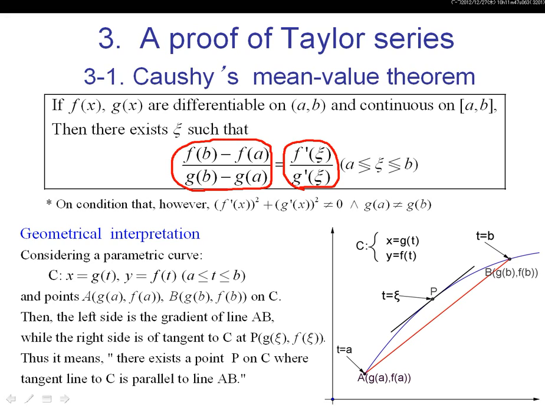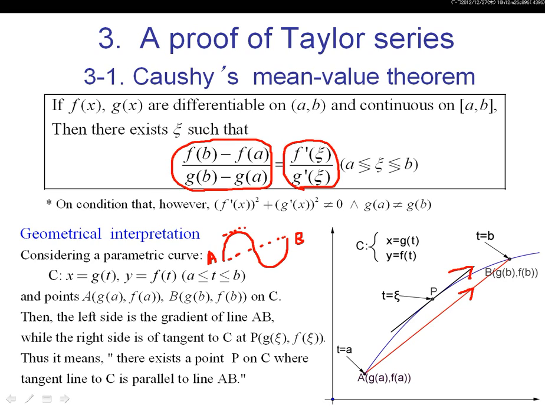So this theorem means that there is a point on C where the tangent line is parallel to line AB. And this is trivial, and it looks true for any differentiable curves like this one. In this case, we can take two P's.